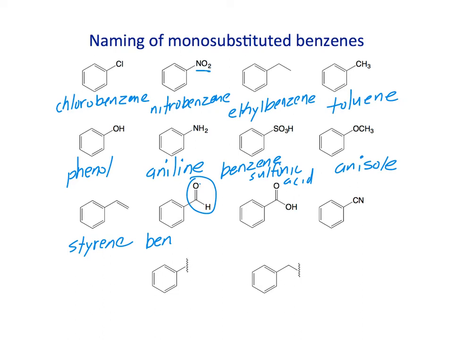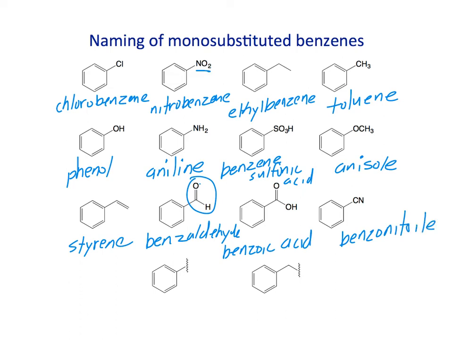So this is just called benzaldehyde. I like to say that one. Aldehyde, benzaldehyde. Okay, the next one's easy too. Benzoic acid. All right, and then this one is called benzonitrile.